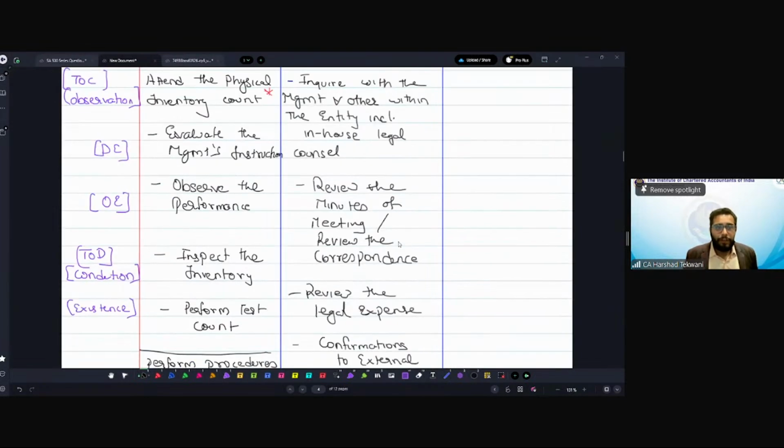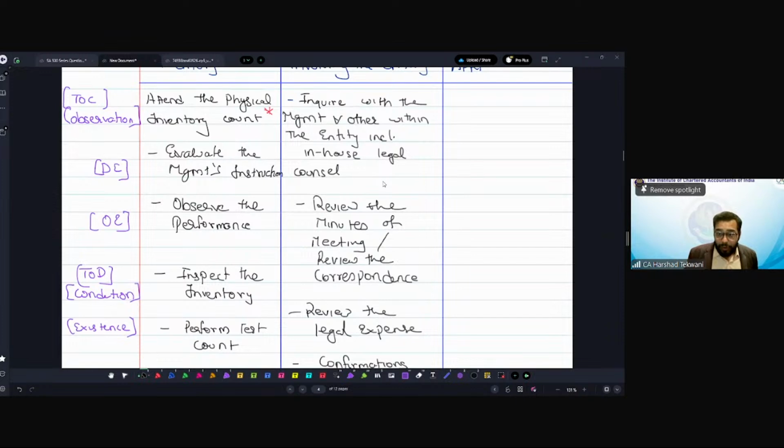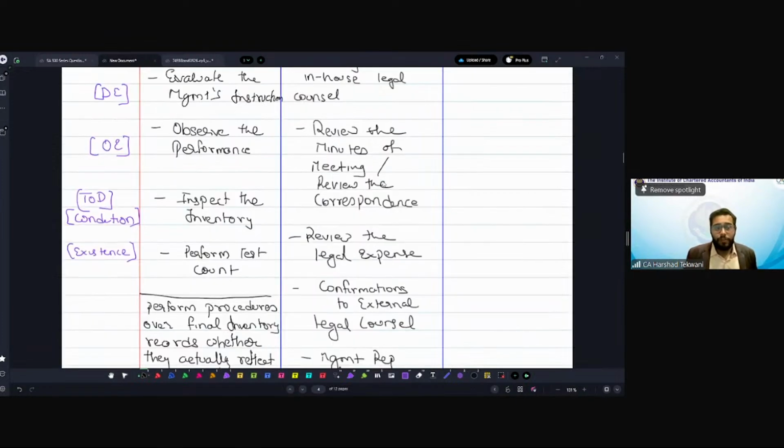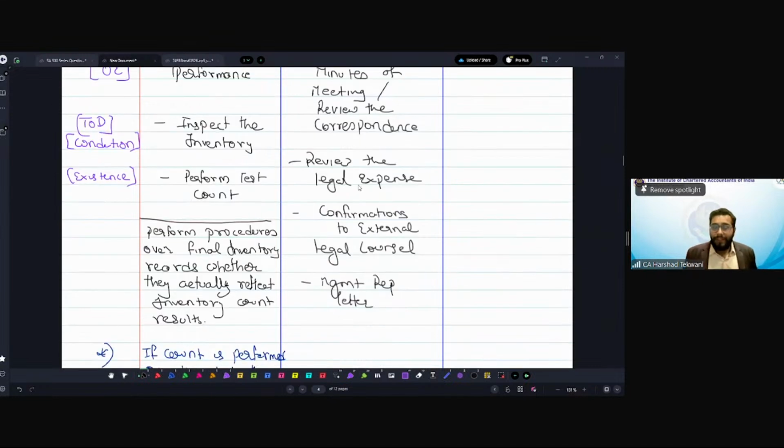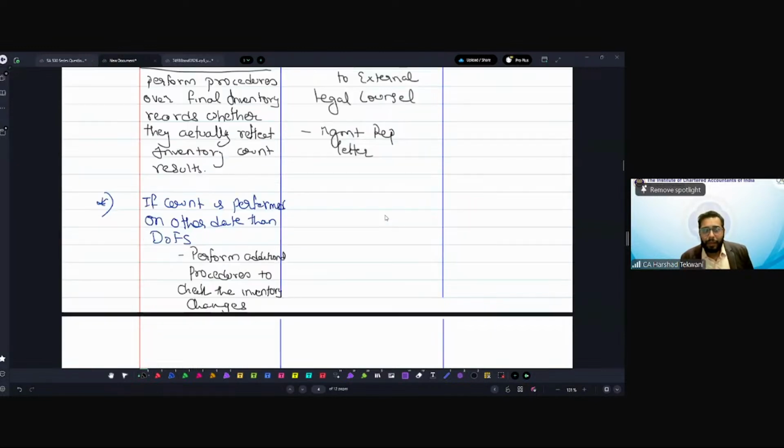Let's say management is not giving you permission to do inquiries with the in-house legal counsel, not allowing you to review the meetings with the legal counsel, you are facing difficulties in reviewing the legal expense, invoices are not available, management is not providing justifications, and they are not allowing you to send the confirmation to the external legal counsels. What will you do? We will check why management is refraining us from having communication with these external sources.